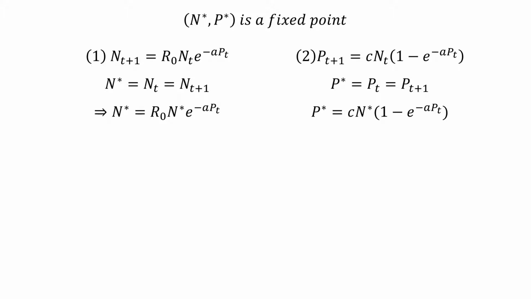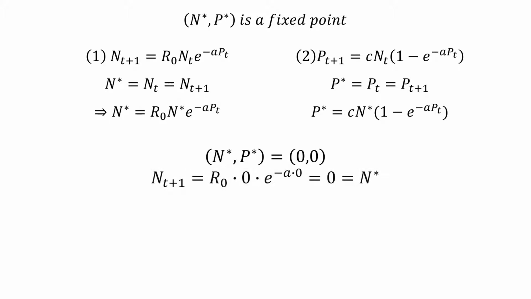Supposing that n star equals 0 is a solution, we then look at when n star equals 0, what does p star equal, and it happens that this equals 0.